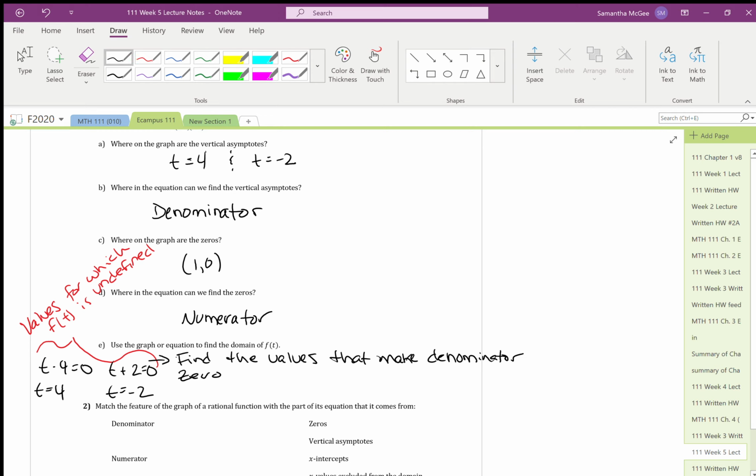So we want to take those out of the domain, meaning we can plug in whatever we want except 4 and except -2. To do that, we use parentheses, right? Parentheses means don't include. We do it again with 4. This is how we would write the domain in interval notation.